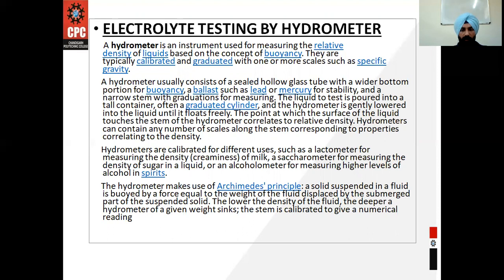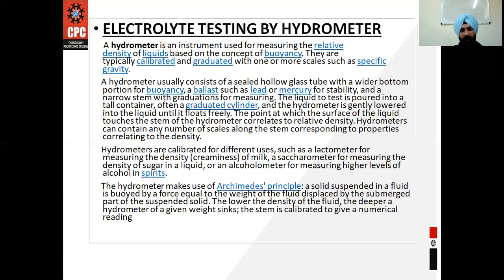The liquid to be tested is poured into a tall container, often a graduated cylinder, and the hydrometer is gently lowered into the liquid until it floats freely. The point at which the surface of the liquid touches the stem of the hydrometer correlates to relative density.